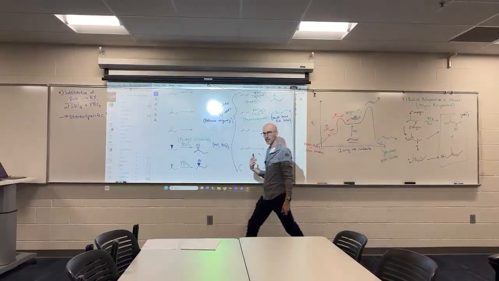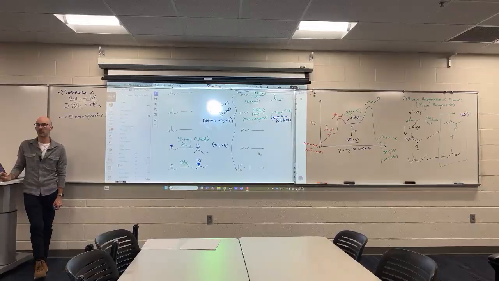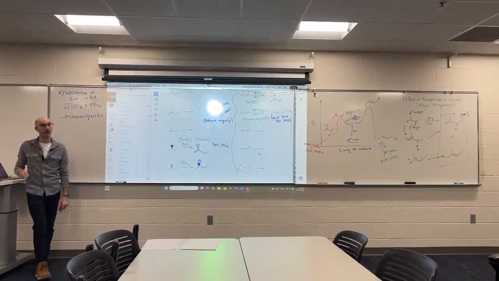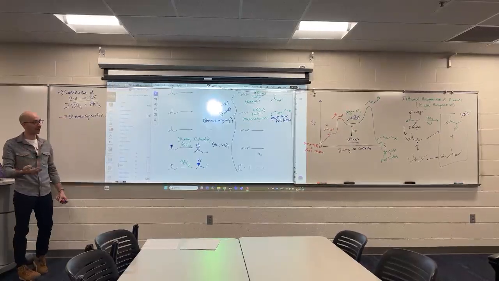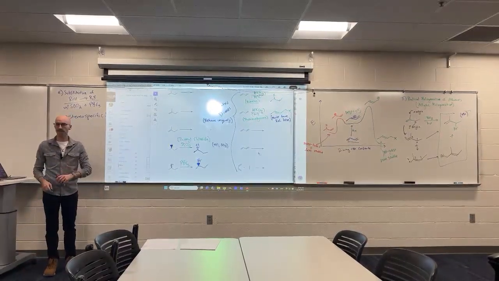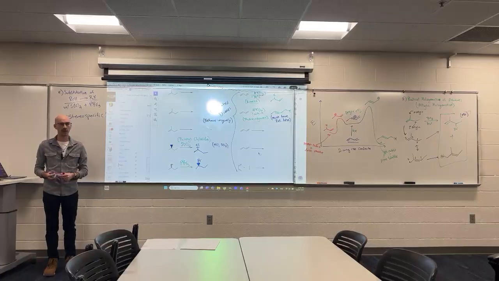Can you tell me anything about why the carbocations are different energies? Why is one carbocation high in energy and the other carbocation low? What do we know about carbocation stabilities?